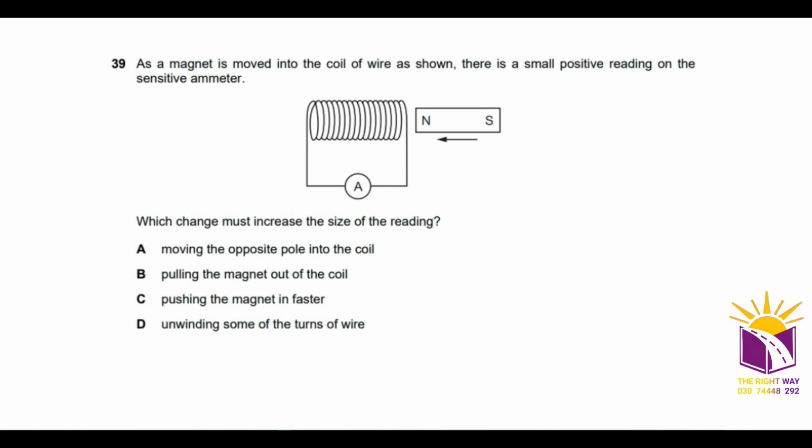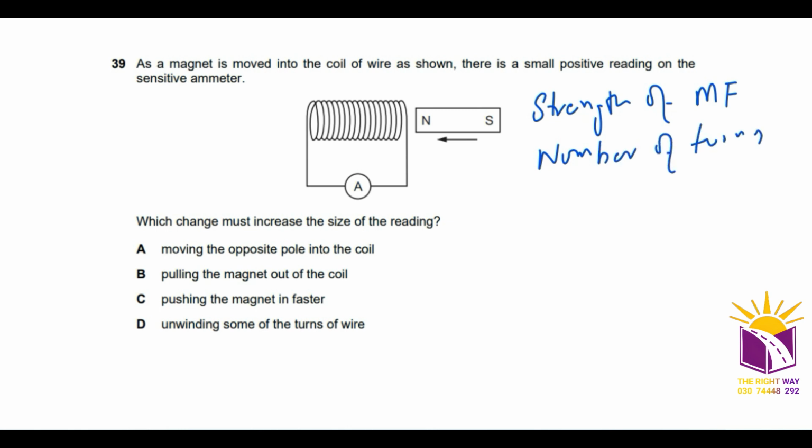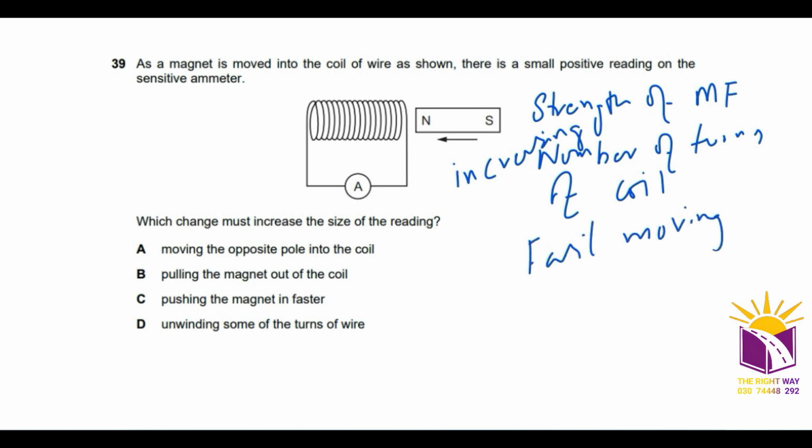We know that by increasing the strength of the magnetic field, or increasing the number of turns of the coil, or moving the coil or magnet faster, we can generate more reading on the ammeter.